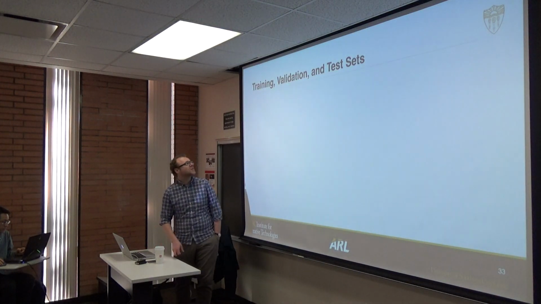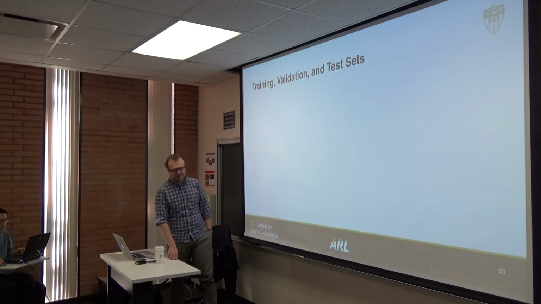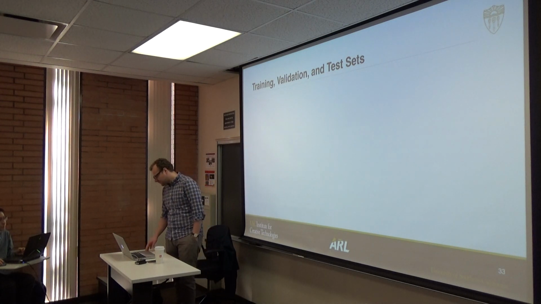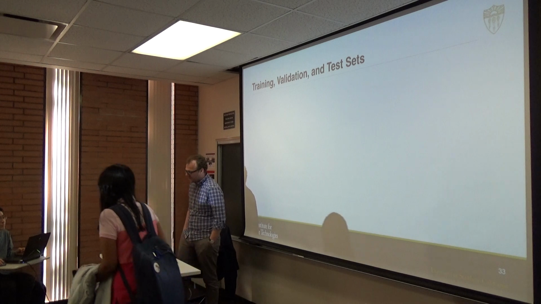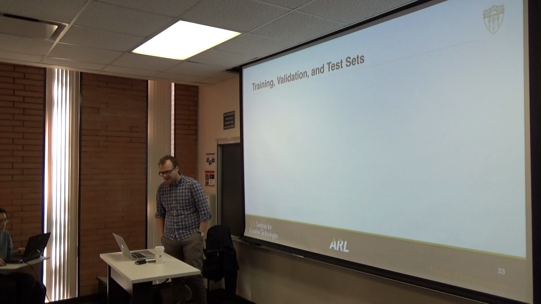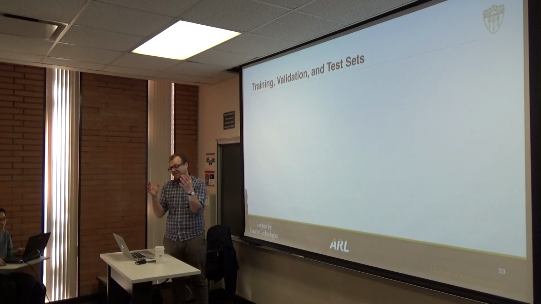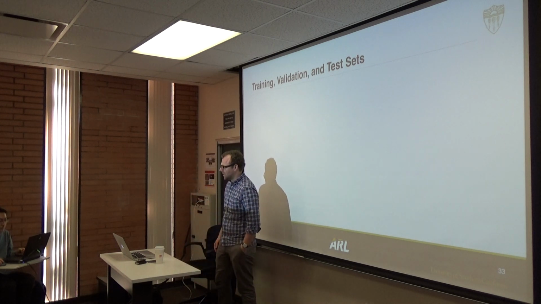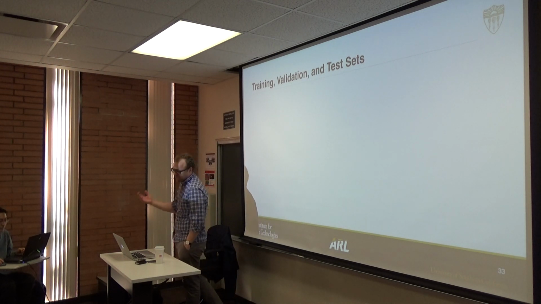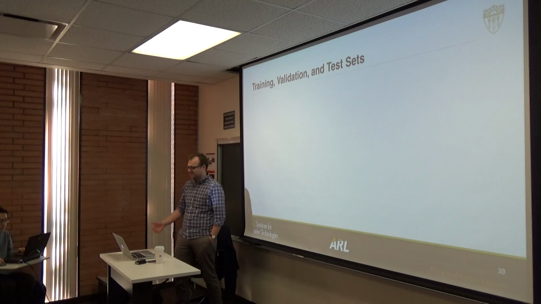Okay, so first we have training, validation, and test sets. Every single time you start an experiment, you will have a data set that you will work on. Most of the time, these data sets are interesting to a problem that you have. You might have collected that data yourself.